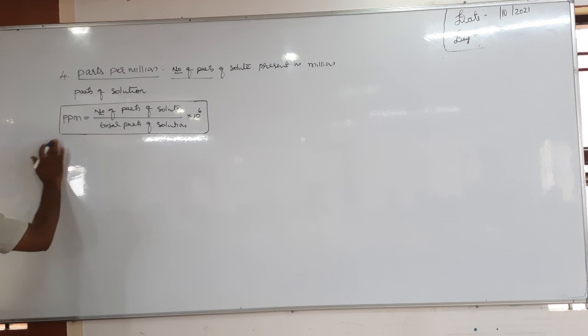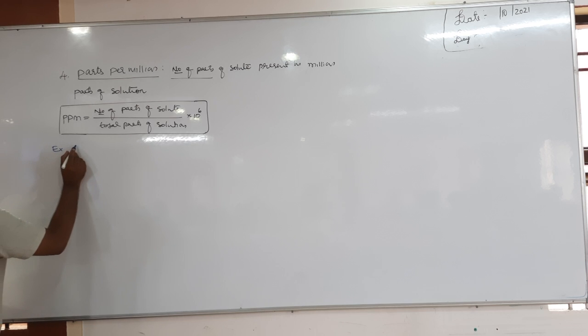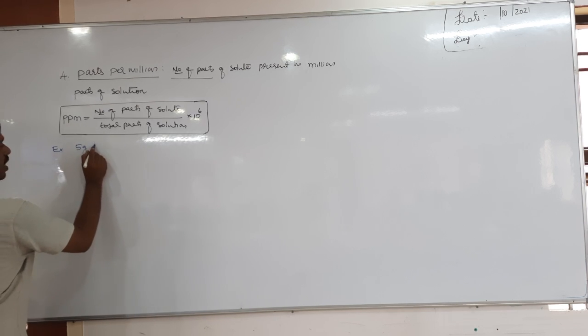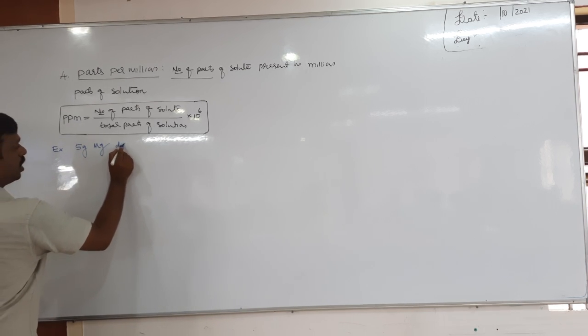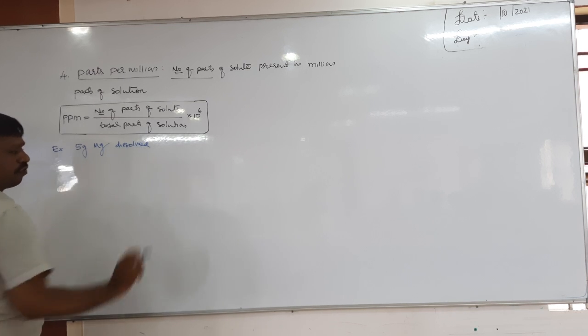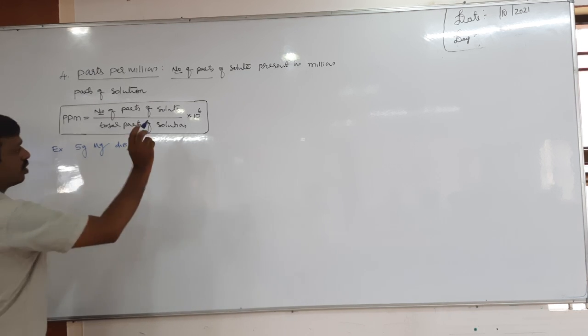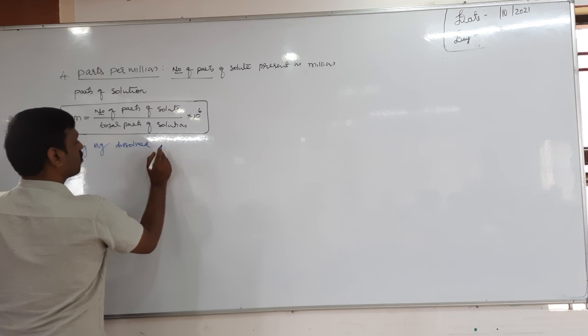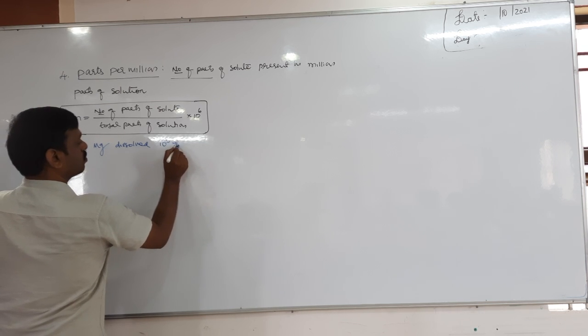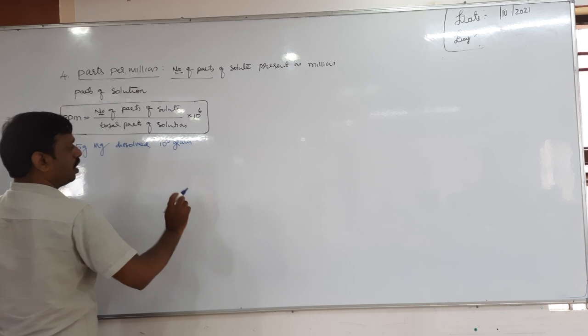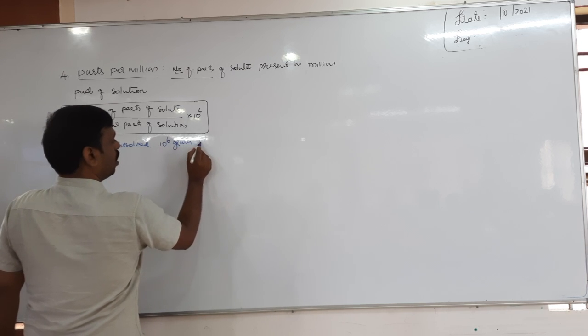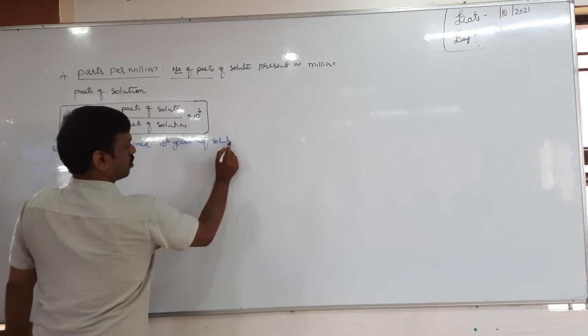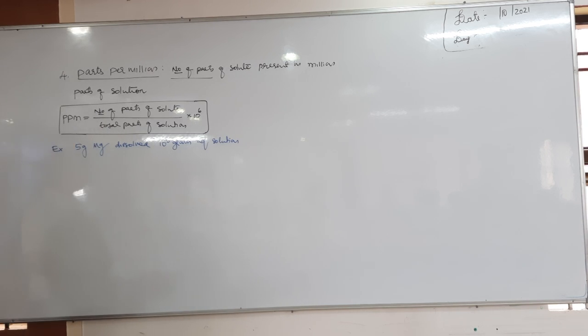Okay, take one example. 5 grams of magnesium dissolved in million grams of the aqueous solution. What is the ppm?